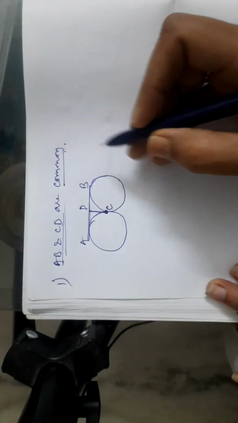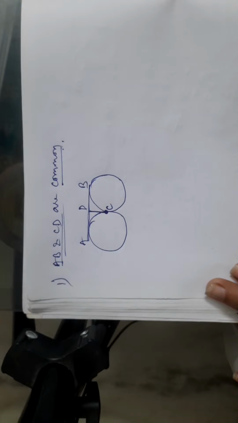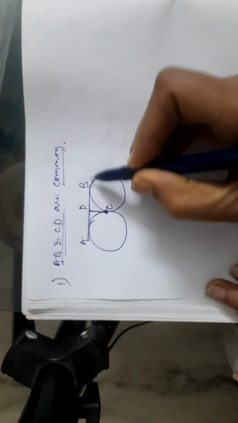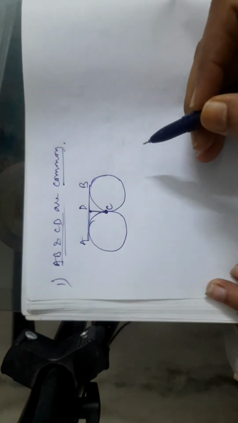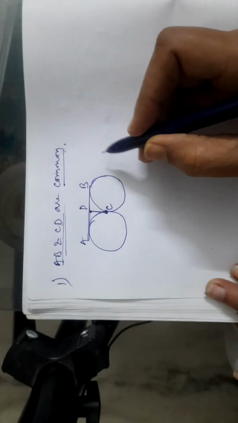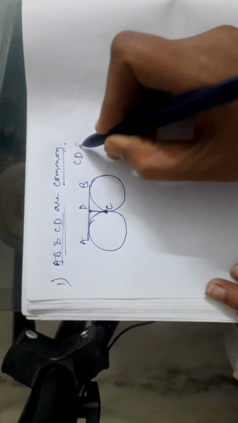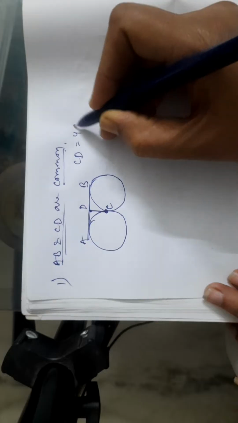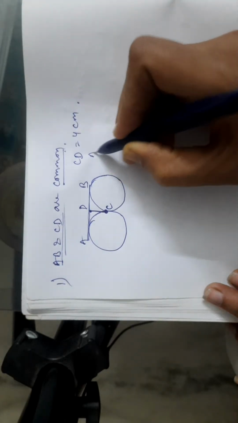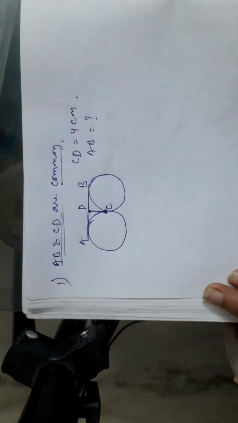Now further it is given D lies on AB. CD is given 4. We need to find the value of AB. So let's start with the solution.